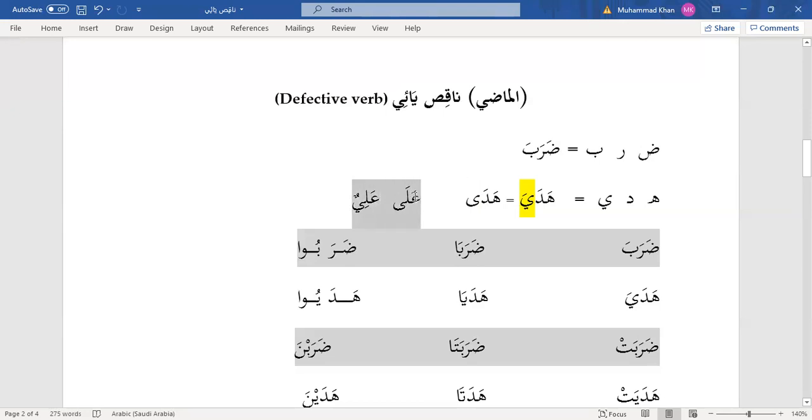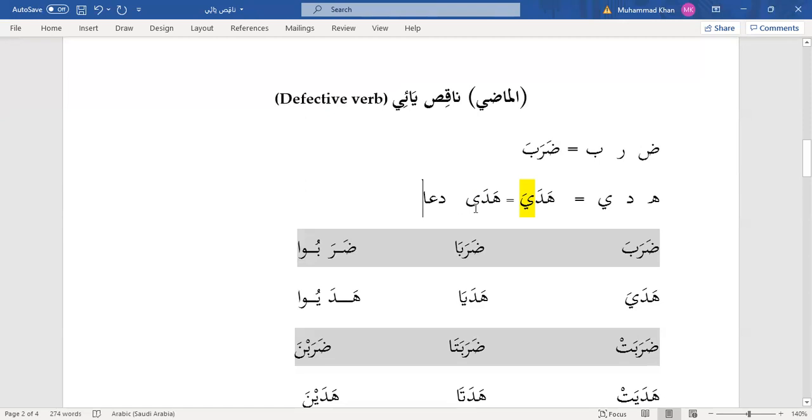So this is the difference between da'a and hada. In da'a, we put alif over there. But in hada, we don't put alif, we put alif maqsura. So that is how we differentiate between these two. But both of them will be read in the same way.